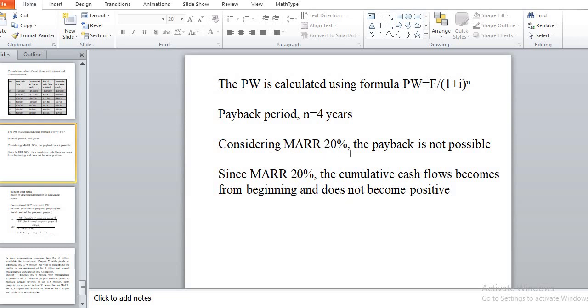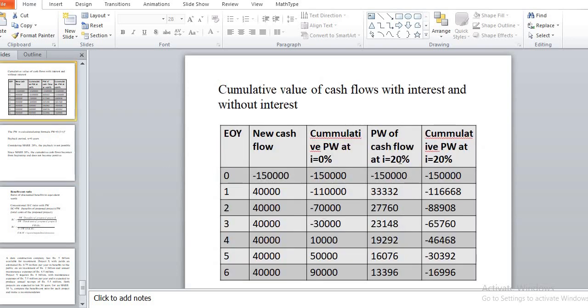Now if you consider the 20% interest, in this column there is only a negative sign. It means there is no gain or profit by considering 20% interest.